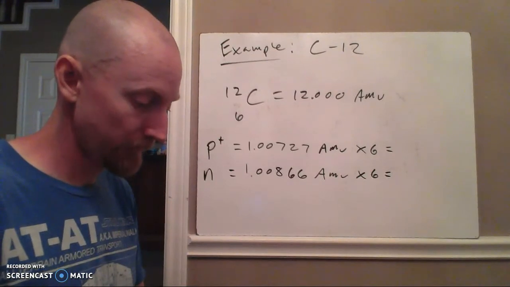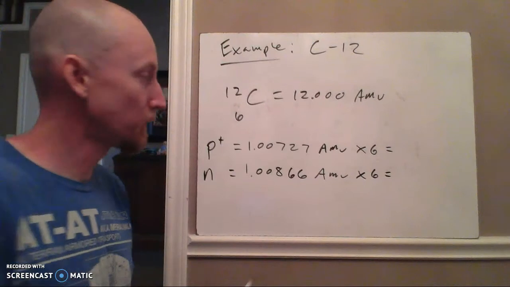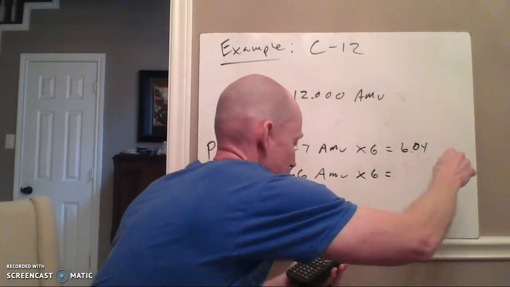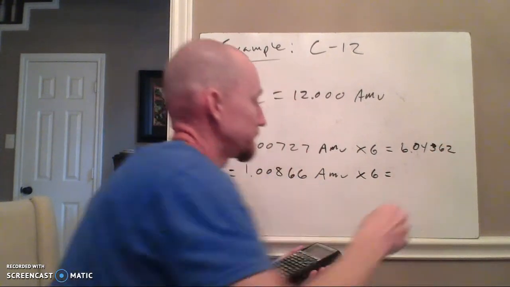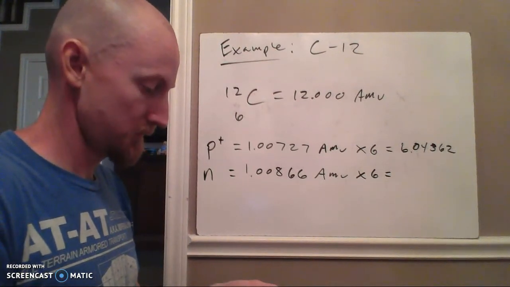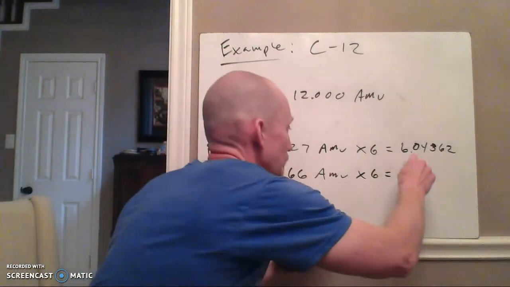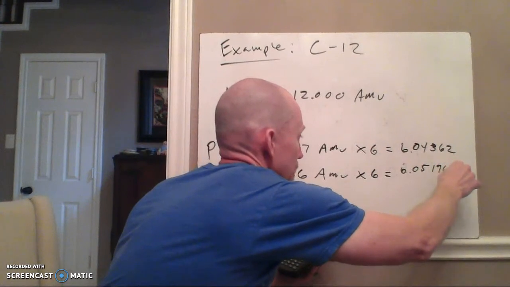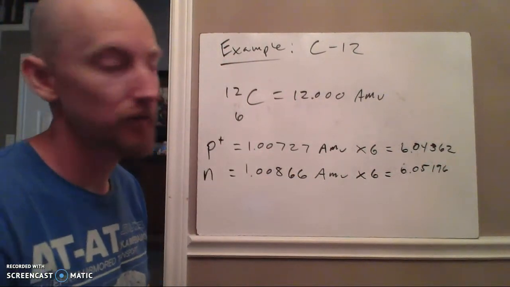For the proton, I got 6.04362. And then for my neutron, I got 6.05196. Those are my masses, right?